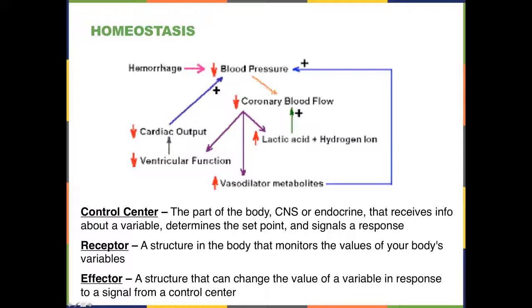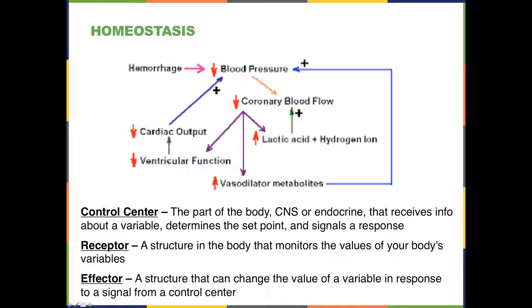Now when this happens, when the blood volume is lost, the blood pressure goes down. And when the blood pressure goes down, this is detected in various ways. And once it's detected by the control center, once the receptor sends the information that the blood pressure is down to the control center, there are certain reactions that occur.